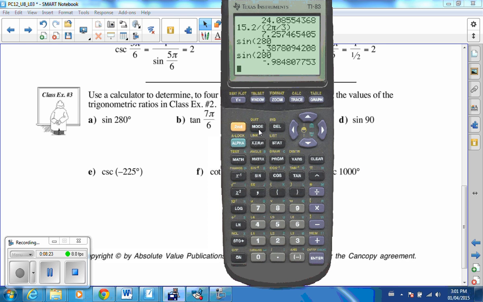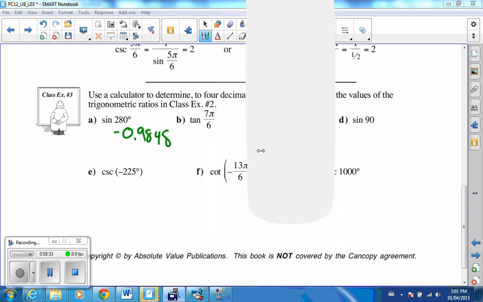Oh, guess that is right. Negative 0.9848, and that's close. Sine of 270 would be negative 1, so that's fairly accurate.